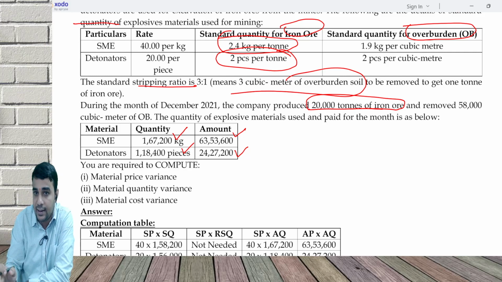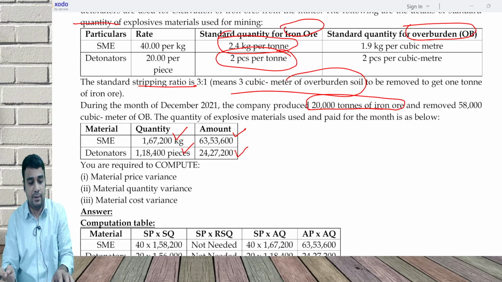That will be a wastage of time because the question has not asked for mix variance and yield variance. It is a multiple raw material, multiple finished product problem. The finished products are iron ore and overburden.